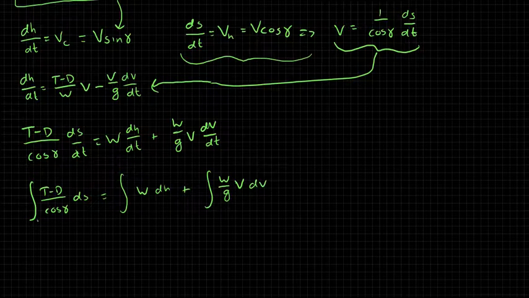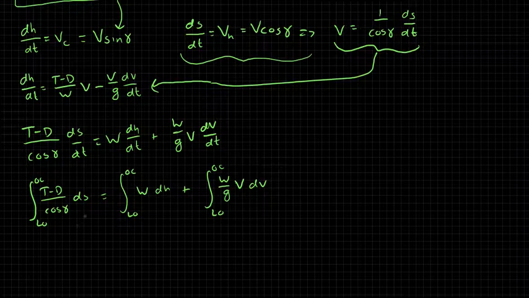We're going to integrate from liftoff to obstacle clearance. In the case of velocity, it's the liftoff speed to the obstacle clearance speed. In the case of h, it's 0 to the obstacle clearance height. In the case of s, it's from s_g to s_OC.